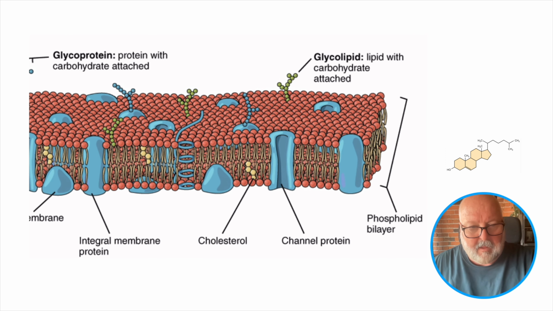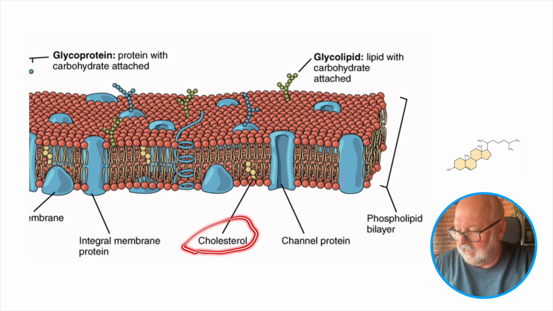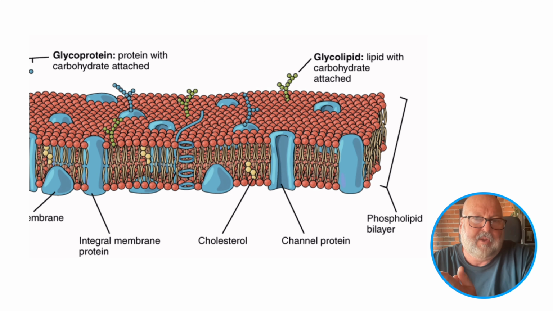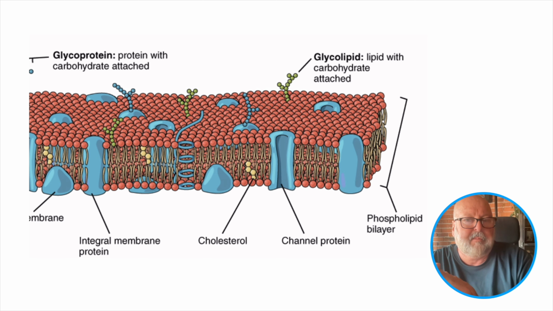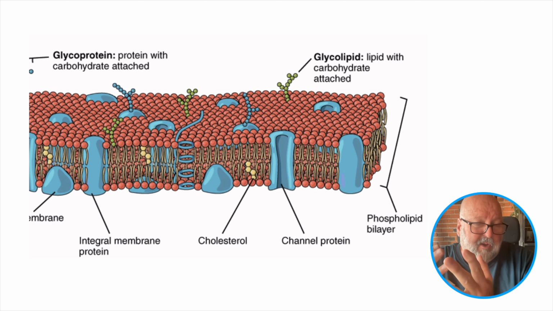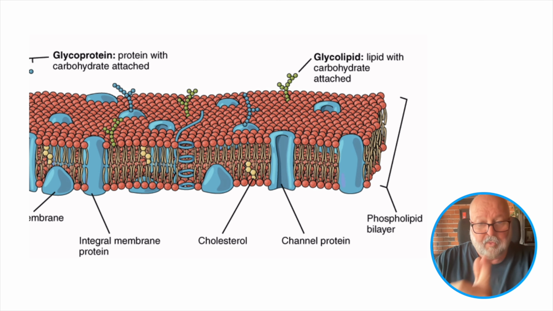Now, why is the cholesterol here in the cell membrane? What it does is it helps to stabilize the cell membrane. We don't want a cell membrane that's too liquidy or that just falls apart on us. So by incorporating some of this cholesterol, it helps to stabilize the membrane to just about the perfect consistency, which is great.